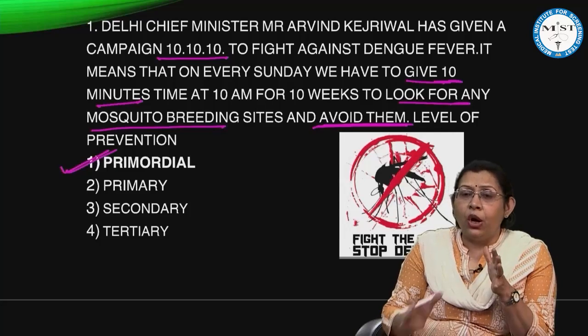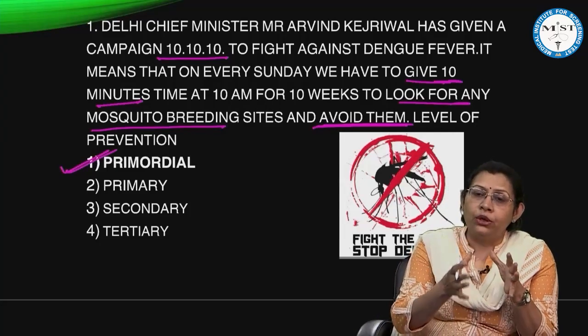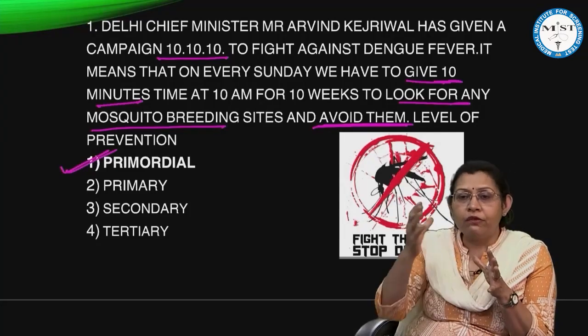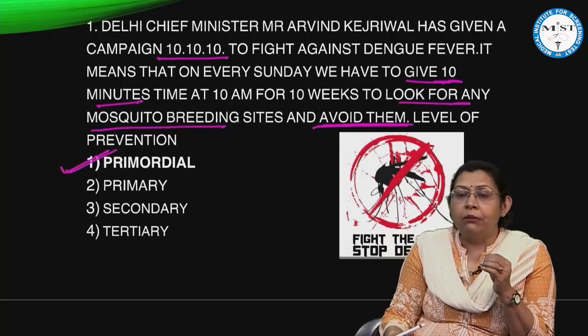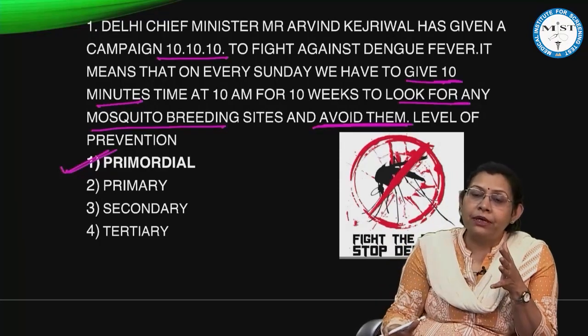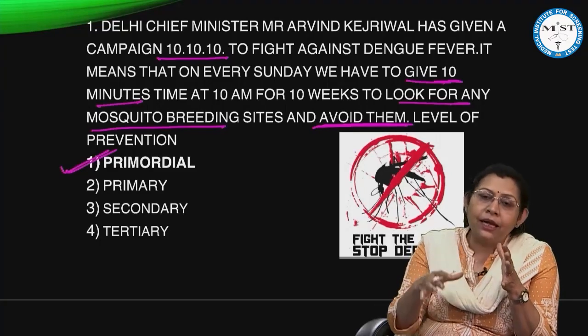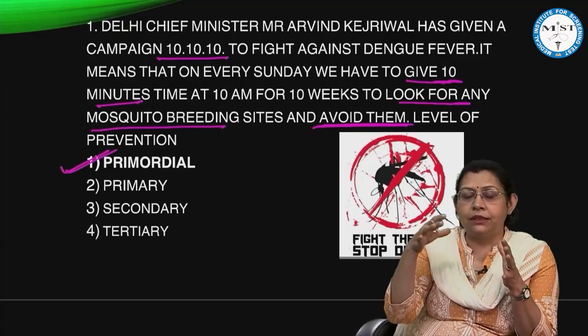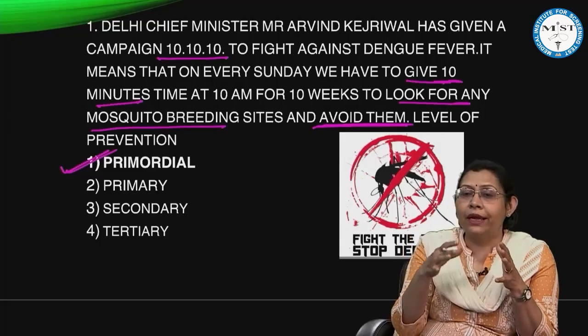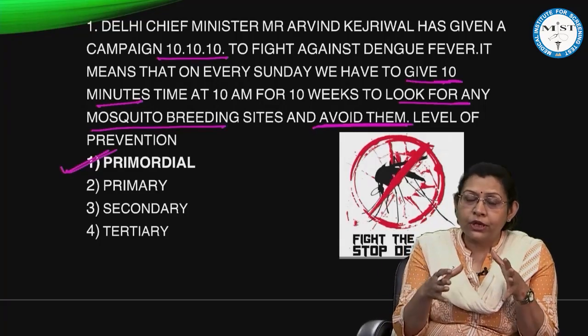Or we can also avoid the development of adult mosquitoes by putting some chemicals in the water which will kill the larvae, and we all know that the chemical used to kill the Aedes larvae is what chemical?